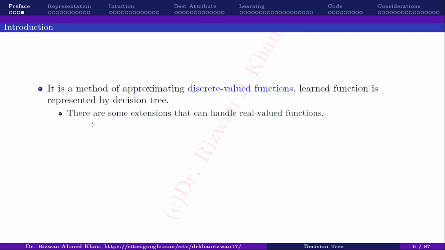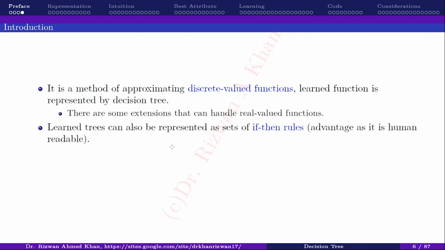So this classifier approximates a discrete valued function. Discrete means it has discrete values, not continuous, right? But there are some extensions that can handle real valued functions as well. But initially, once the decision tree was proposed, it was for discrete valued functions.